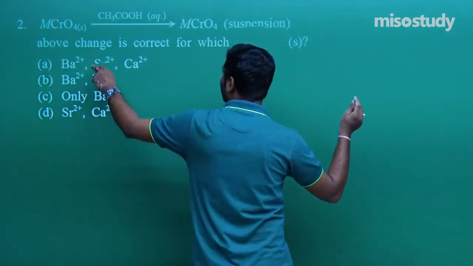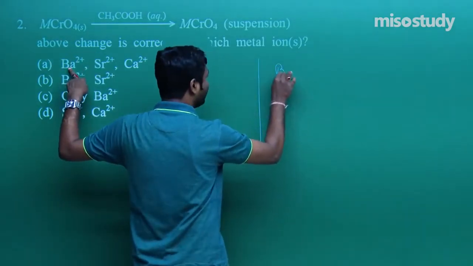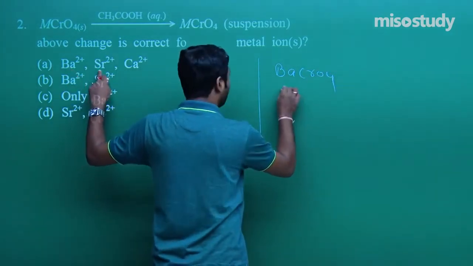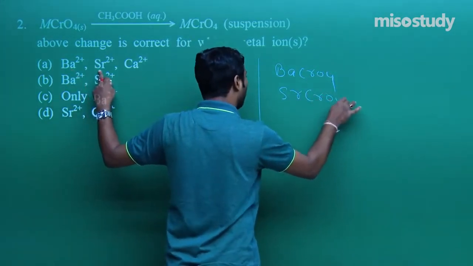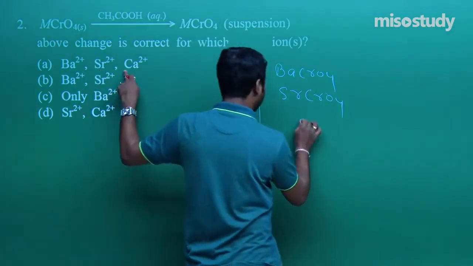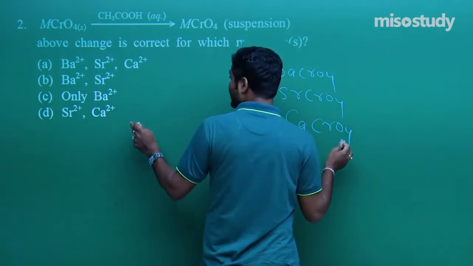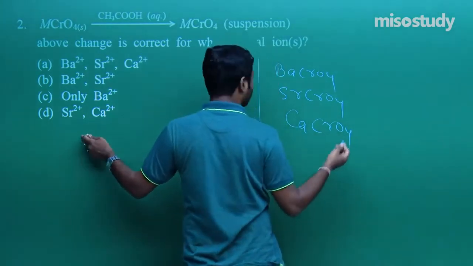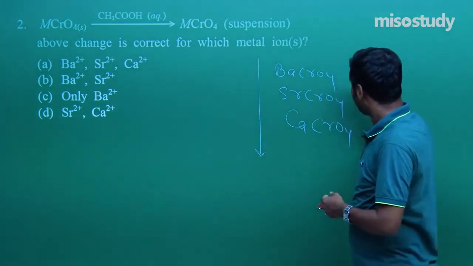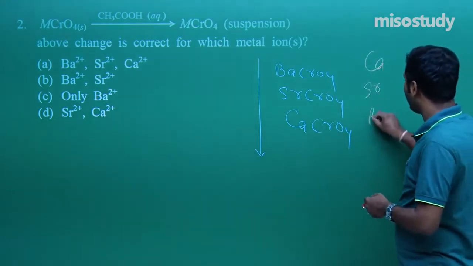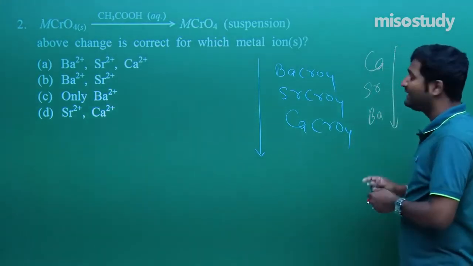Now if I talk about barium, we write here BaCrO4, yes sir, strontium SrCrO4 chromate, then calcium, that is CaCrO4. As I told you, if we move down the group, that is calcium, strontium and barium, then the solubility decreases.